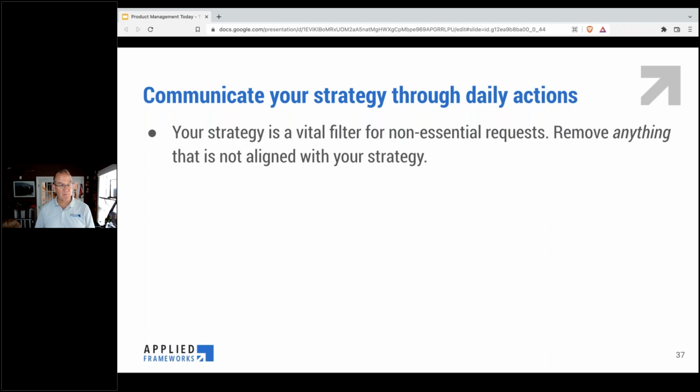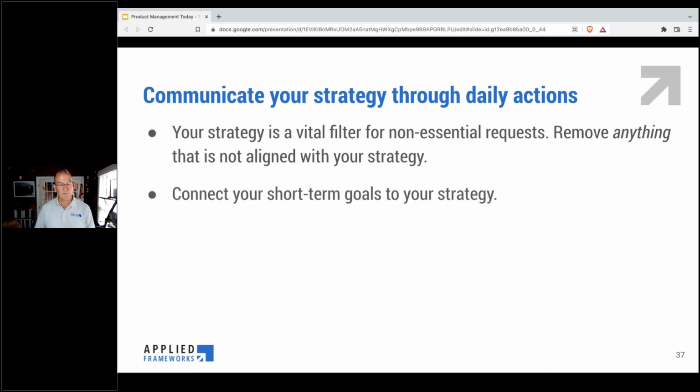You may get requests for pursuing a new customer segment that's not part of your strategy. That is a very big strategic decision. You probably don't want to immediately accept that request. You want to ponder that and consider, for the next strategic update, whether we should pursue the segment. In some cases, the best strategic decision is not to expand and maintain focus.